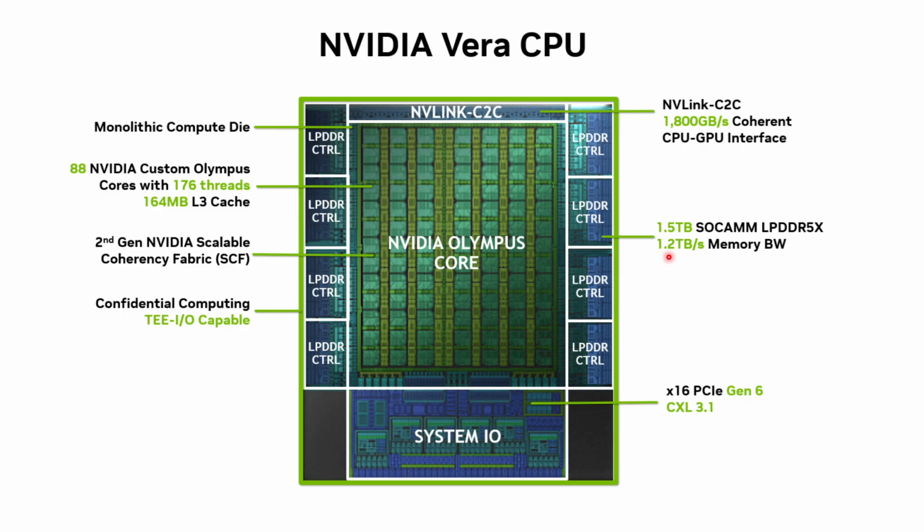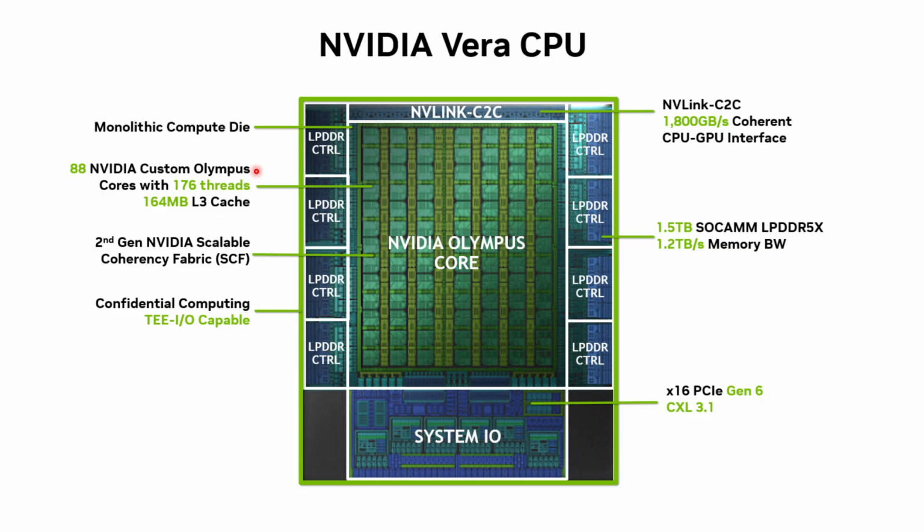The total memory bandwidth is 1.2 terabytes per second, which I think is pretty high for a CPU and this kind of memory. And the total amount of memory which can be attached to this CPU is 1.5 terabytes. The type of memory is SOCAMM, low power DDR5X memory.